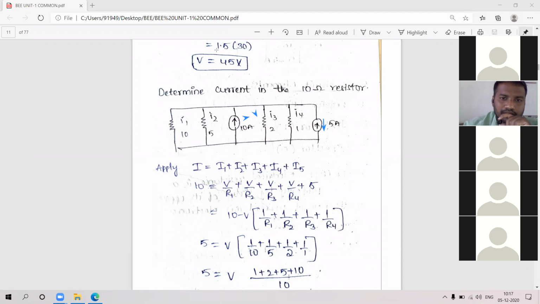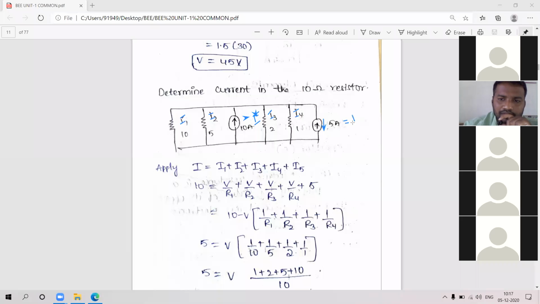Yeah, tell me. This is capital I. This is I1. This is I2. This is I3. Sir, I got V equals 1.11. What is the value of current?